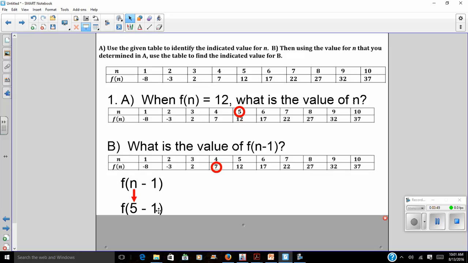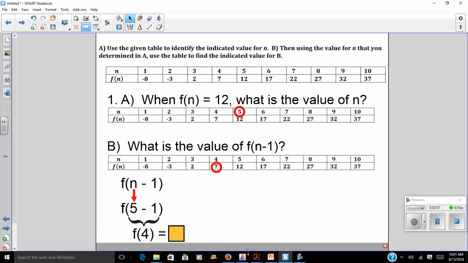That's a little uncomfortable for us, especially early in the school year, but it's all about simplifying it. Now they're asking us, what's f of 4? In other words, if 4 goes into our function, what is going to be the output? I'm going to say that again. If 4 goes into the function, what is going to be the output?